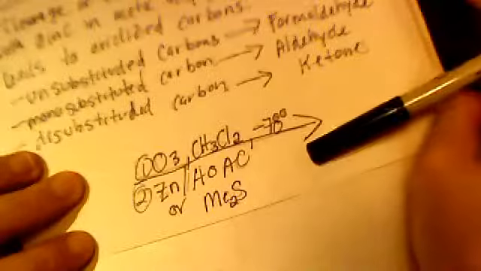And then secondly, it's treated with either zinc and acetic acid, or dimethyl sulfide, right? So that's how you know you're dealing with it whenever you see this. So that's what we have.